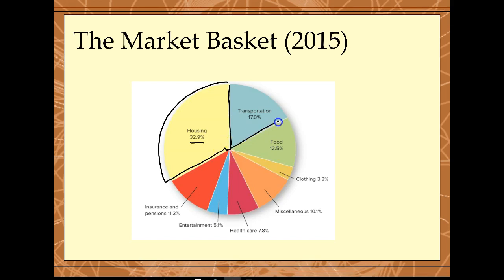Roughly 17% of all your income is on transportation. So we use these weights for the items in these categories to give either greater or less importance to price changes.